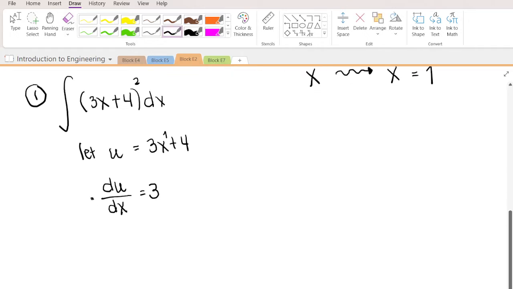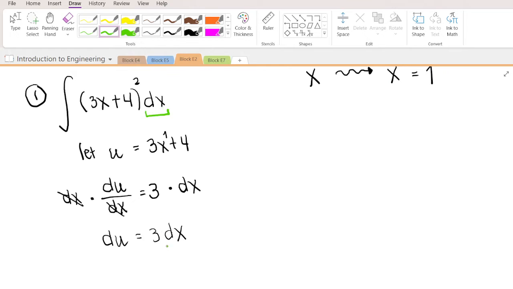So you multiply both sides by dx, and you will notice that du is equal to 3 dx. In your given item, you only have dx with you, but you have 3 dx here. So we can actually use this term to substitute the term in the integrand.